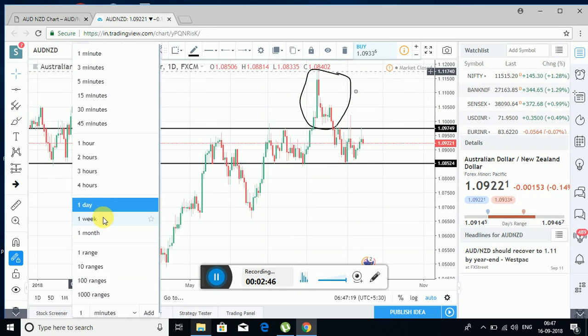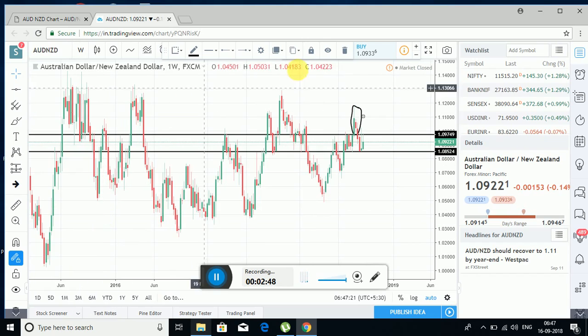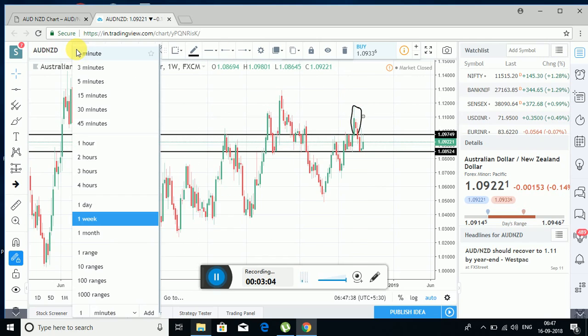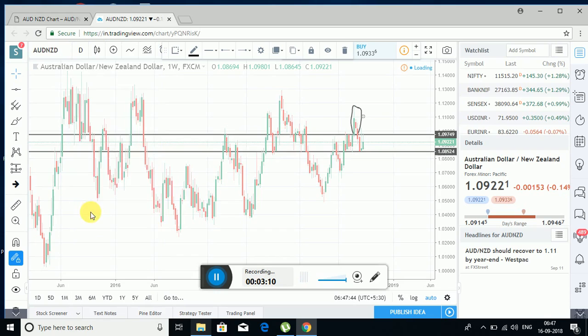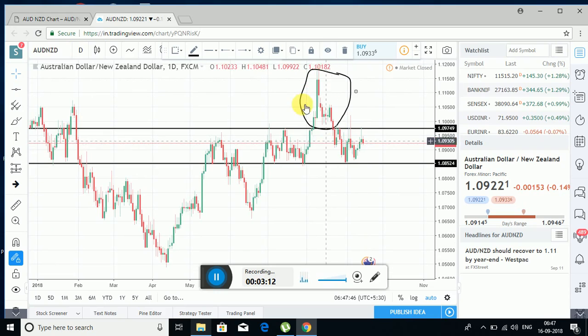So let me go to a weekly chart and I'll show you. You see, this is that area which was spiked out on a daily, and it broke the resistance, but it quickly came back down, indicating that it was a fake breakout. So that's why we didn't take that area into our range. This area right over here doesn't have any relevance as of now.